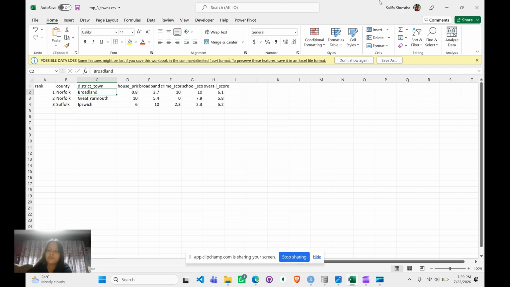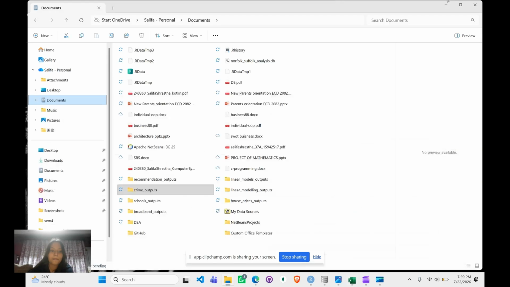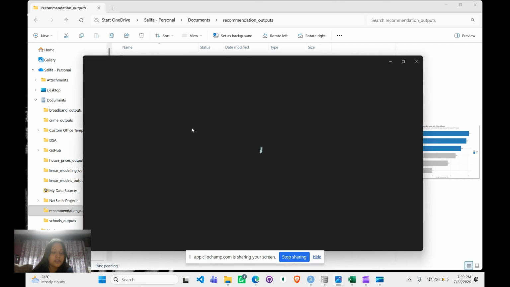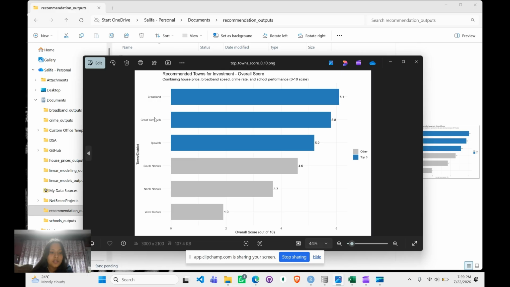So I will show you the top 10 towns livability score in this bar graph. You can see there is Broadland, Great Yarmouth, Ipswich. These are the top three towns, and the others were South Norfolk, North Norfolk, and West Suffolk.